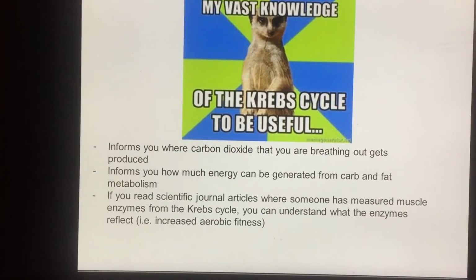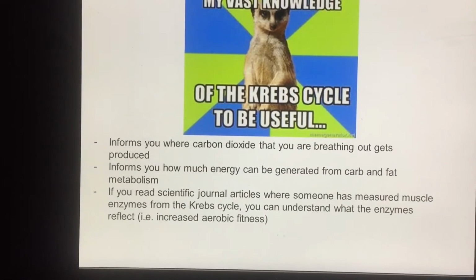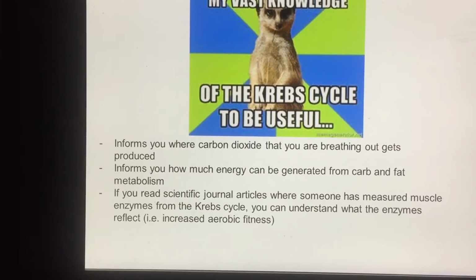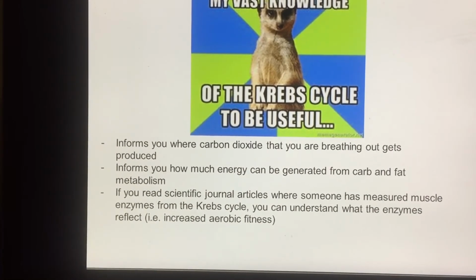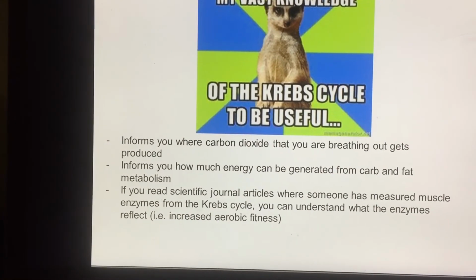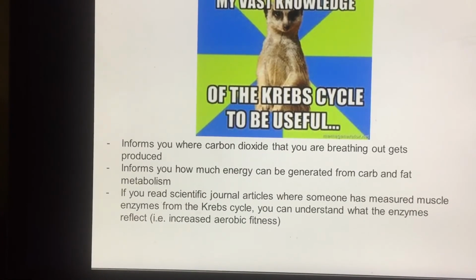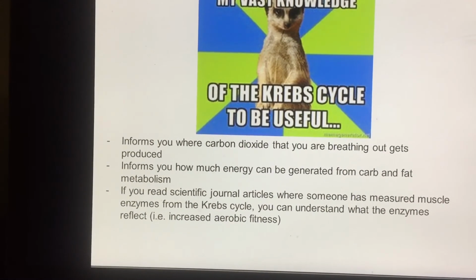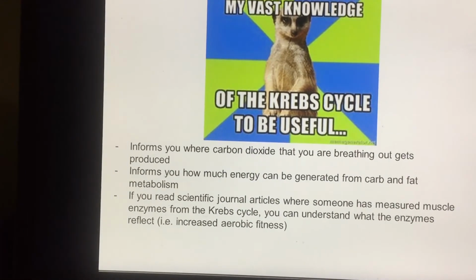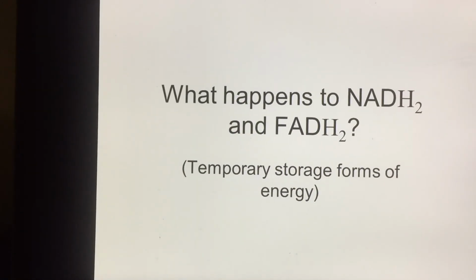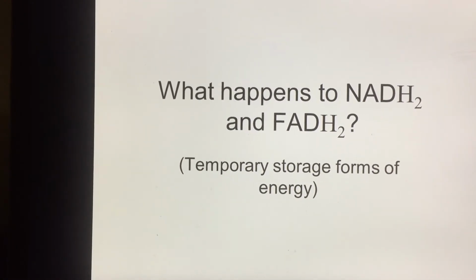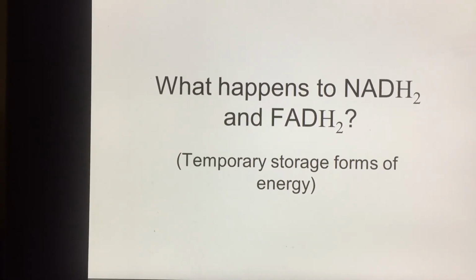And if you get into the scientific literature and look up journal articles, and they mention enzymes that are measured from the Krebs cycle, then you can understand that these reflect increases in aerobic fitness if these enzymes are increasing during a training program. And in the next section, I'm going to go over what happens to NADH2 and FADH2 that are formed in the Krebs cycle.